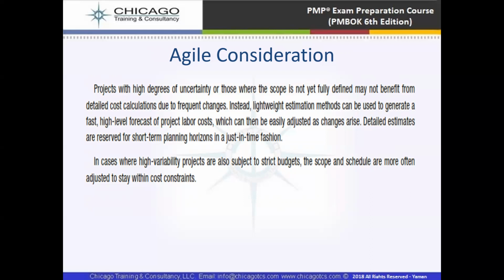It means if there is a project with high variability, a strict budget should be there. Strict because we know the scope and we know the schedule, so we can adjust to stay within the cost constraints so that our project does not exceed the cost constraint, especially in agile.